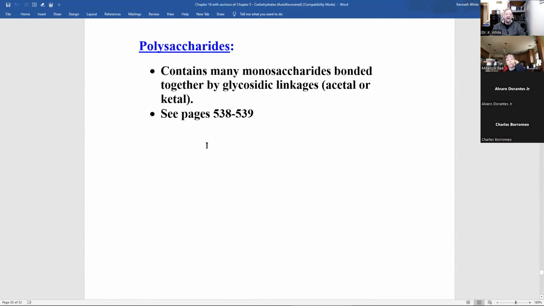And we call those polysaccharides. And this slide, you don't have to know the names. Monosaccharides bond together in glycosidic linkages, acetal or ketal. It's really mainly acetal.